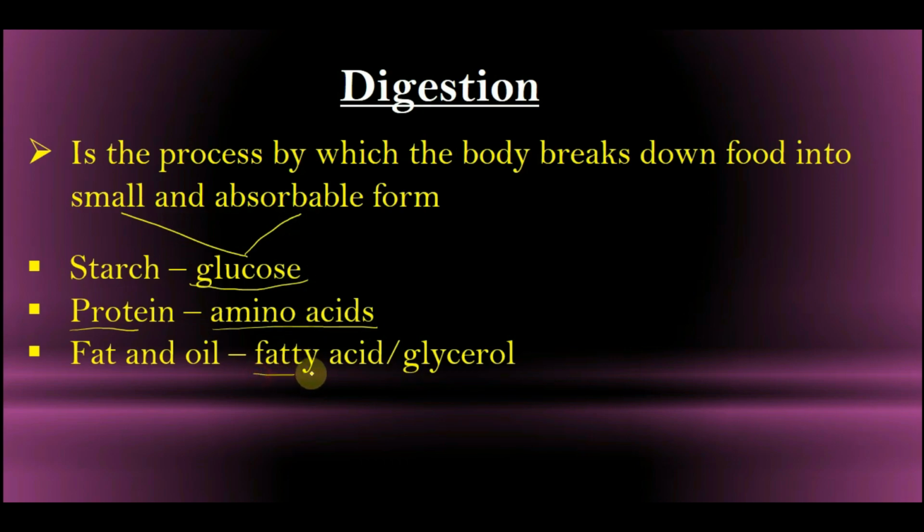Then fatty acids and glycerol are the end products of digestion of fats and oil. So digestion is all about the process by which the body breaks down food into small and absorbable form that are then taken into the bloodstream and utilized by the cells for various metabolic activities.